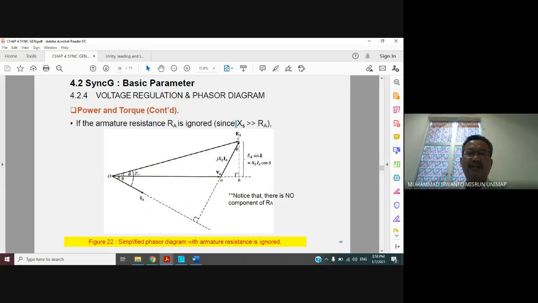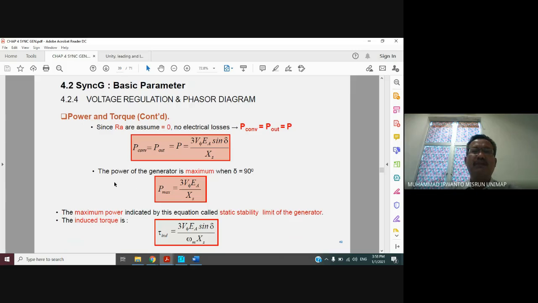It is the angle between IA and V phase. It can be drawn from the angle of cos theta. Okay, and then when the armature resistance RA is 0, converted power is equal to output power.